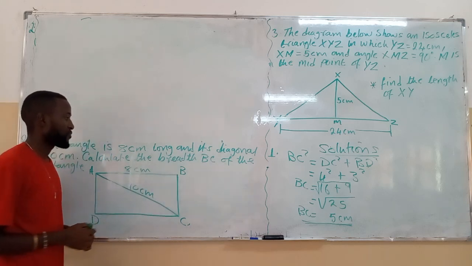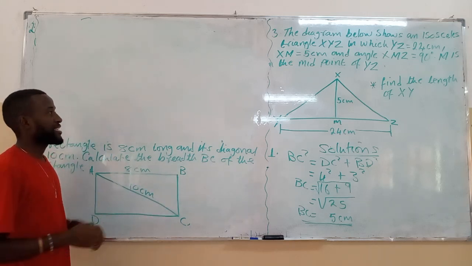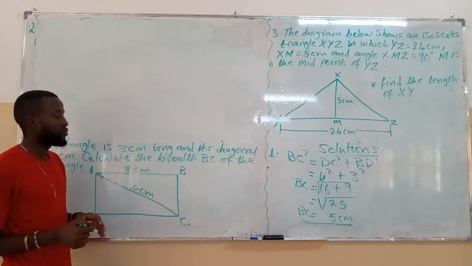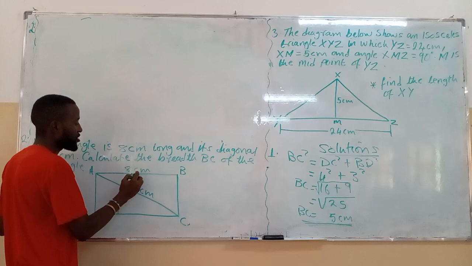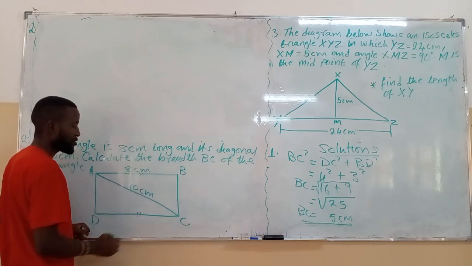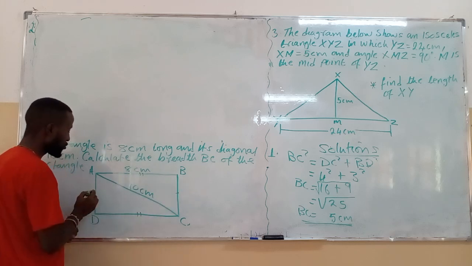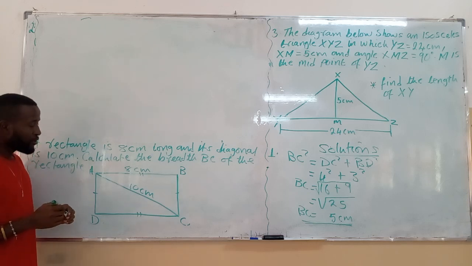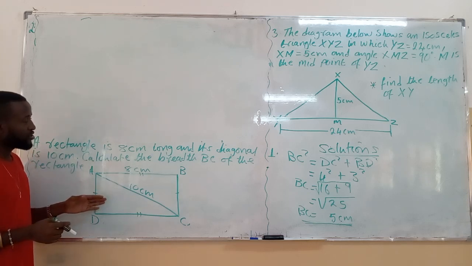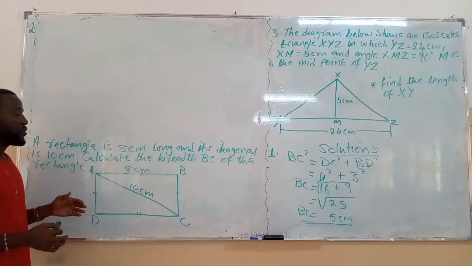Now, keep in mind that from the first example, I showed you that a rectangle has got 2 equal sides. So this side which is here is automatically equal to this one, and this side is equal to this side. That is how a rectangle is divided. Now when you look at this rectangle, it has got how many triangles?